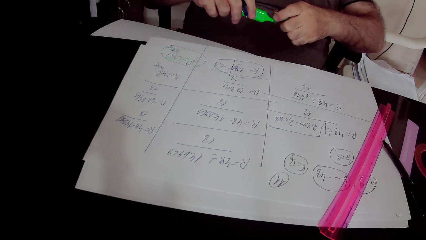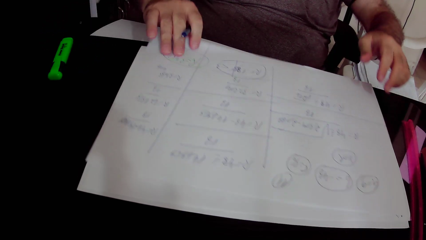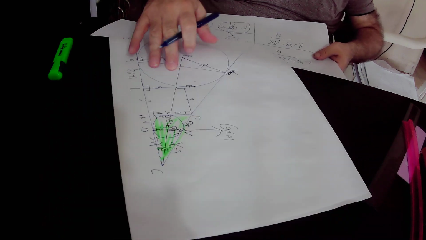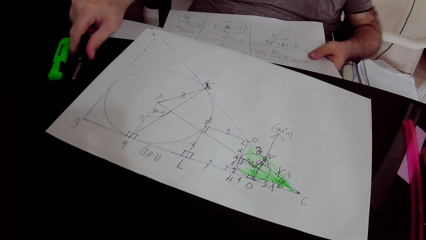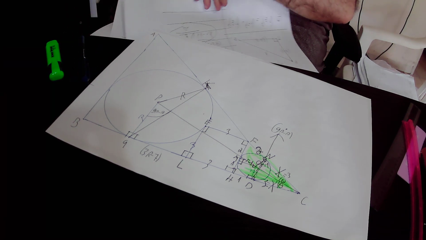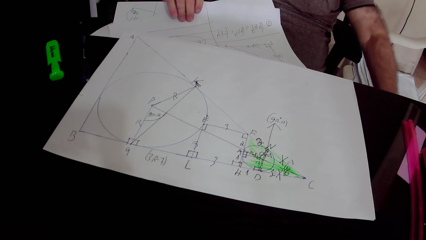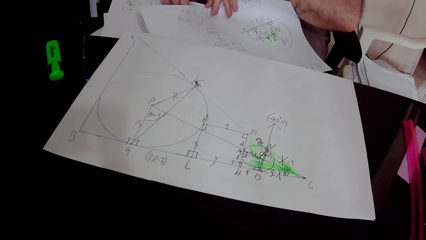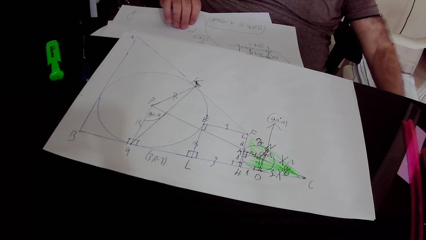Actually, in the drawing we have a big triangle. Inside this big triangle we have two circles and a square. The side length of the square is equal to 3 units, and the radius of the small circle is equal to 1 unit.